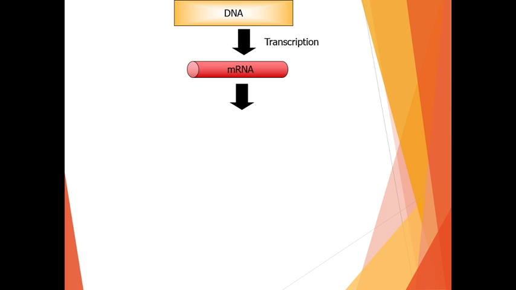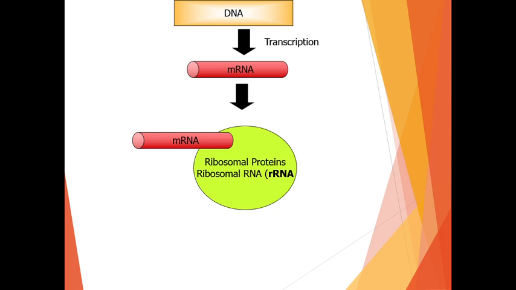This slide describes the central dogma of molecular biology. First, DNA, which stores information, gets transcribed onto mRNA. This is a way of information transfer. mRNA is then recognized by ribosomes.